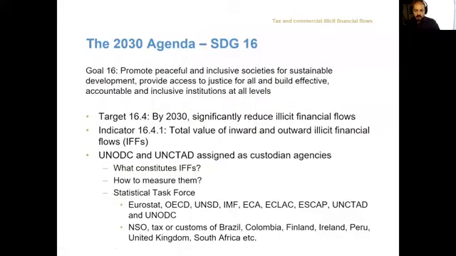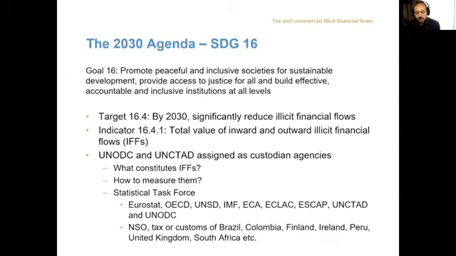First of all, the IFFs are important within the 2030 development agenda. Specifically, we have indicator 16.4.1, the total value of inward and outward illicit financial flows, which is set to measure these flows and inform policymakers on how related target 16.4 is achieved.